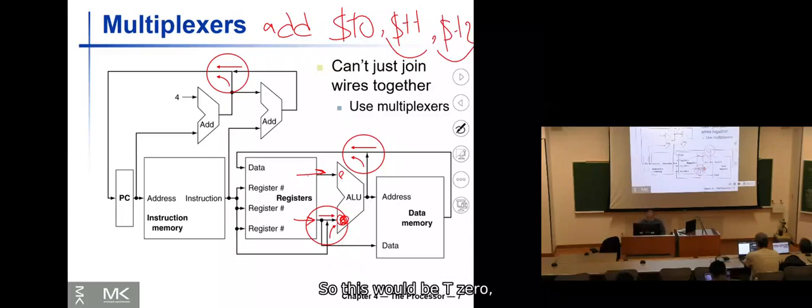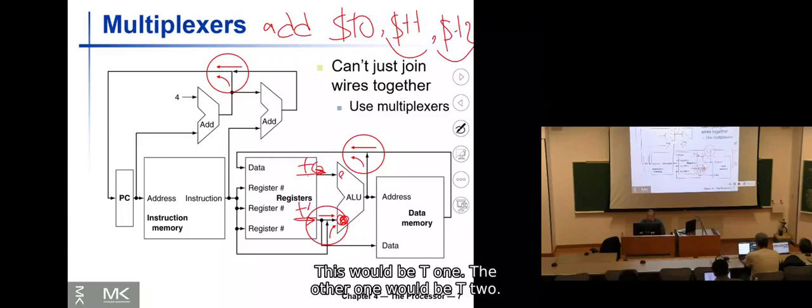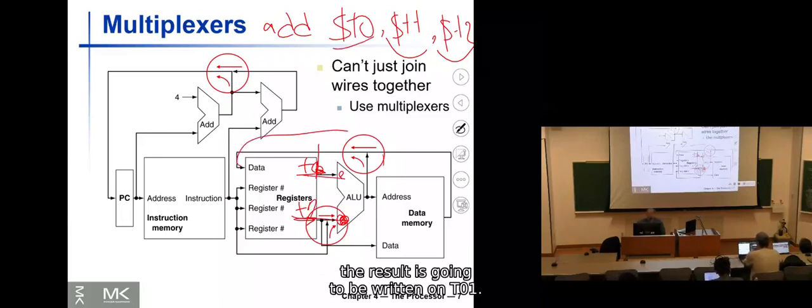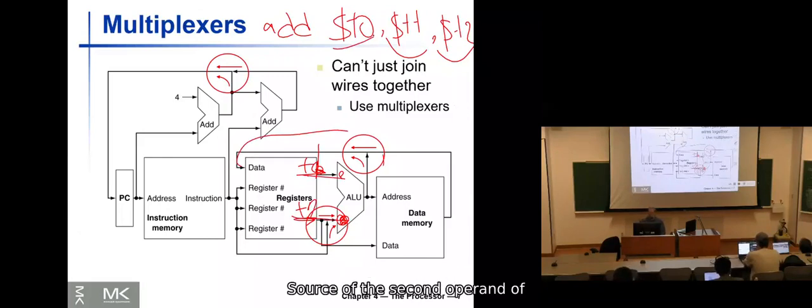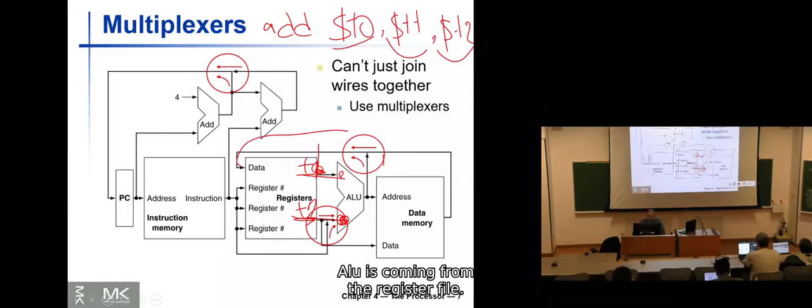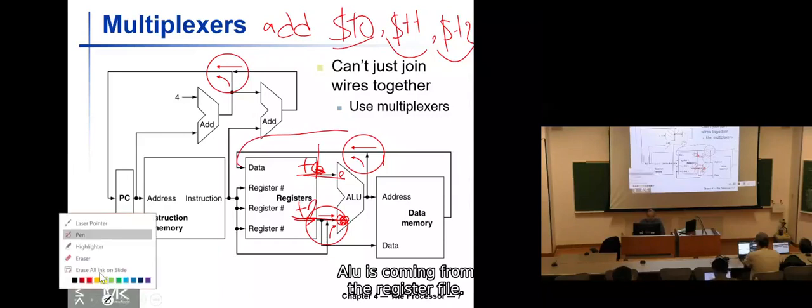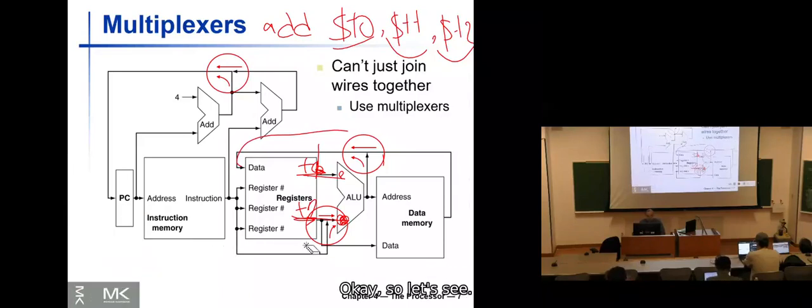So this would be T1, the other one would be T2. They go to the ALU, they are added, and then the result is written to T0. So one source of the second operand of the ALU is coming from the register file.